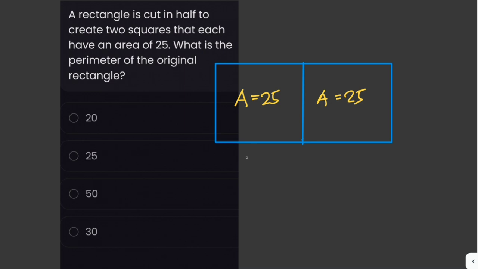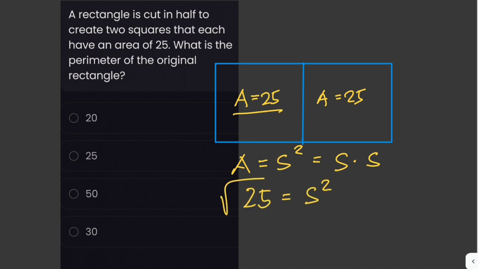Now we know that in solving for the area of the square, we just square one side, or we multiply one side to itself. So now we can solve for the sides of the square by plugging in the value of the area. So this is 25 equals s squared, and we get the square root of both sides. Therefore, our side is equal to 5.